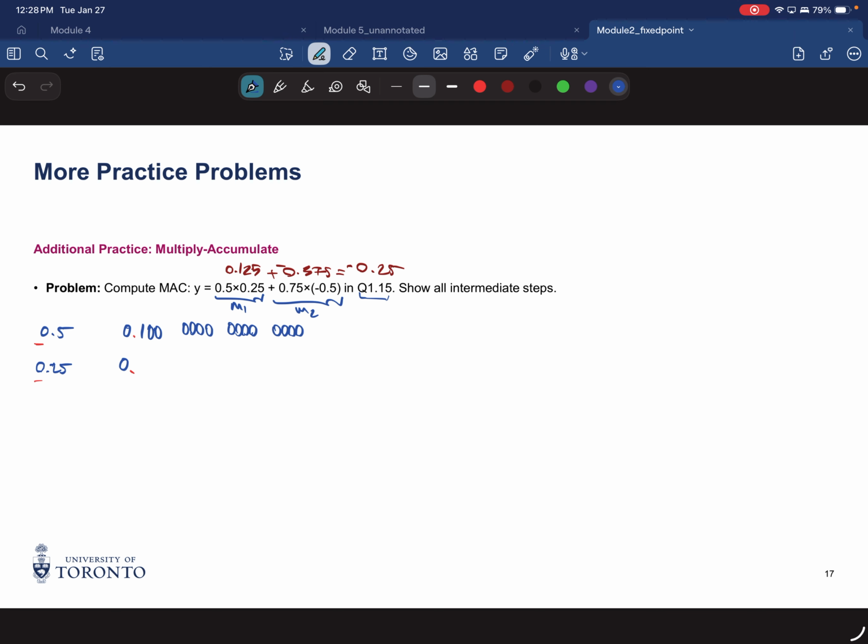So this is in binary. If you want to do it in hex, this would be 0x4000. Let's go to an integer actually. Let me write the integer too.